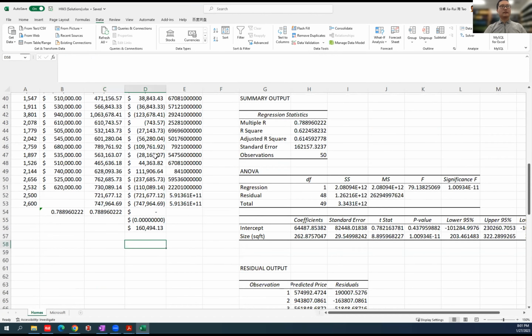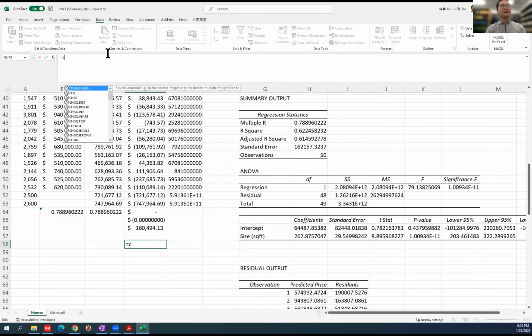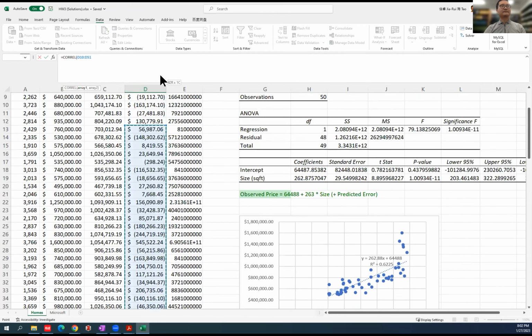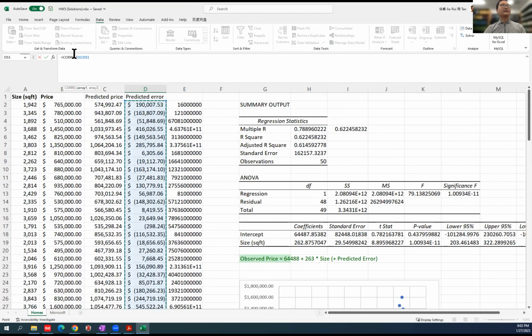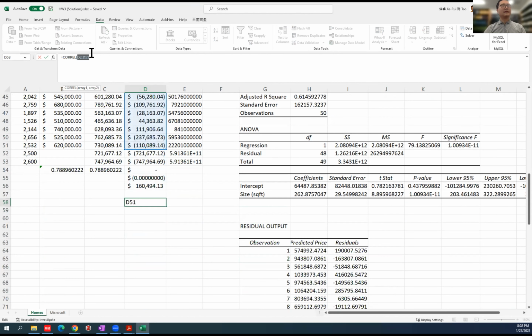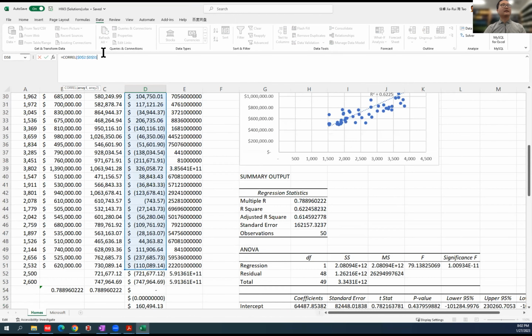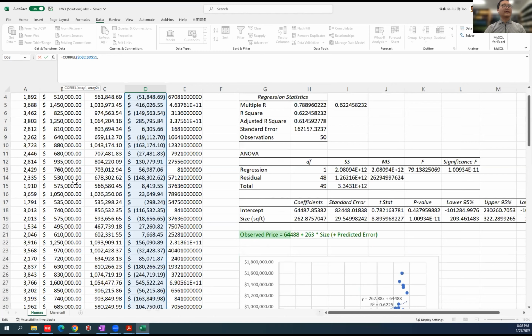We can also calculate the correlation between residuals and some of the statistics we had before. Oh, F4 would assign an absolute reference to the range.